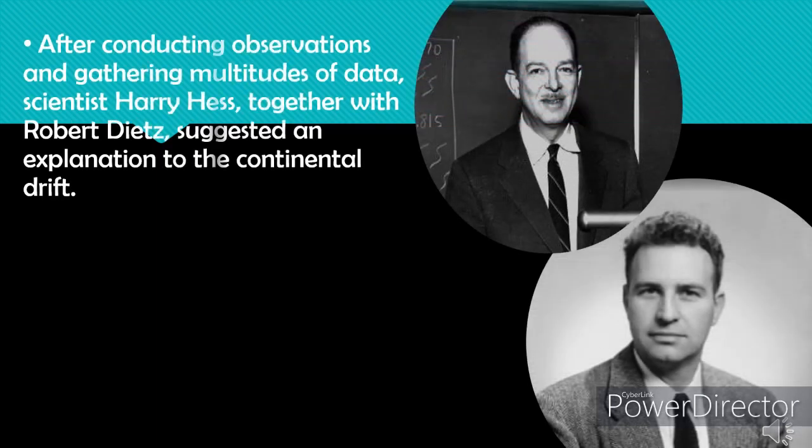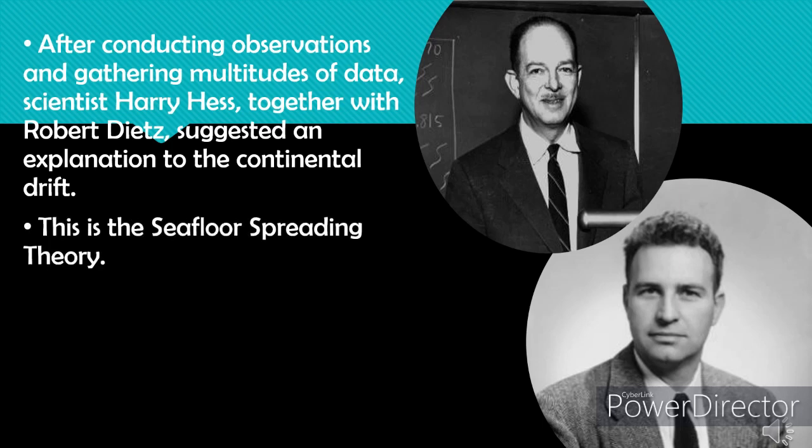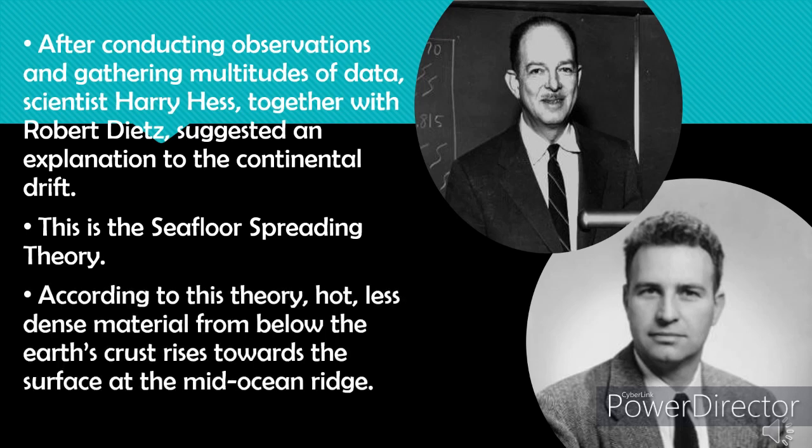After conducting observations and gathering multitudes of data, scientist Harry Hess, together with Robert Dietz, suggested an explanation to the continental drift. This is the seafloor spreading theory. According to this theory, hot, less dense material from below the Earth's crust rises towards the surface of the mid-ocean ridge.